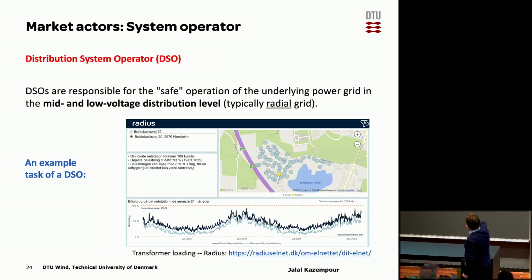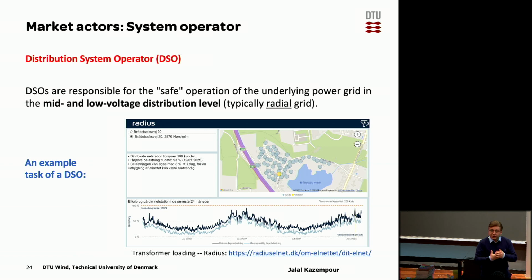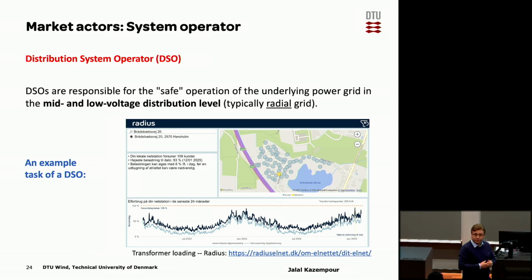The dark blue is peak loading of the transformer, while the light blue is average. And for example, you see that a few days back in January 2025, the transformer loading was around 93%. So it means that we are pretty close to congestion, right?